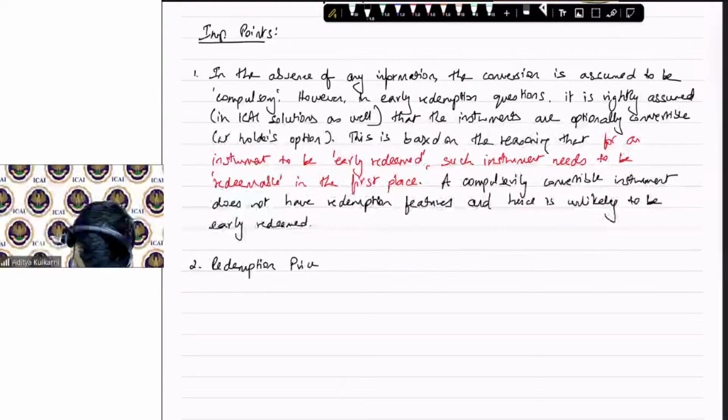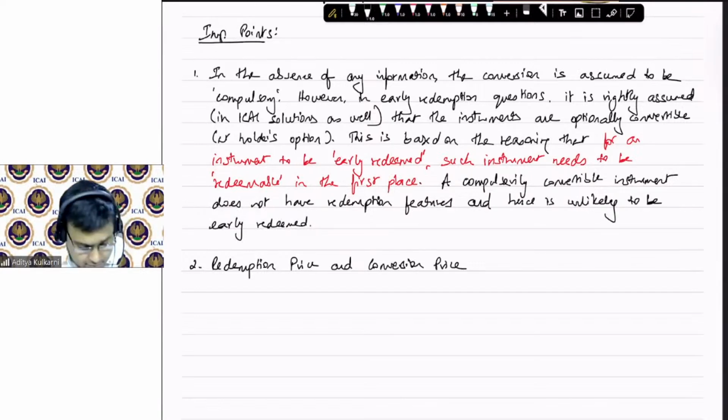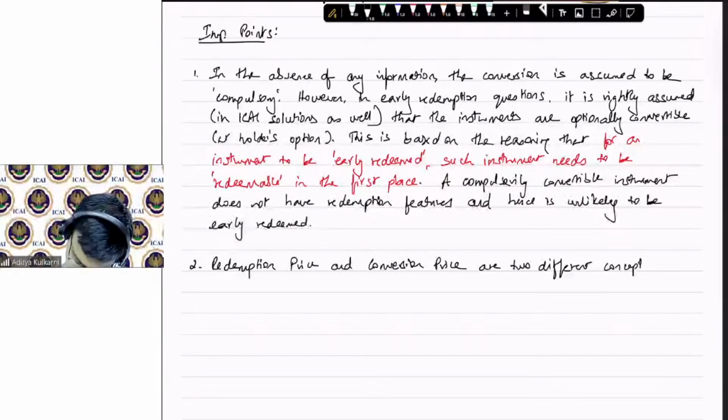Redemption price and conversion price are two different concepts, and hence cannot be assumed to be the same.